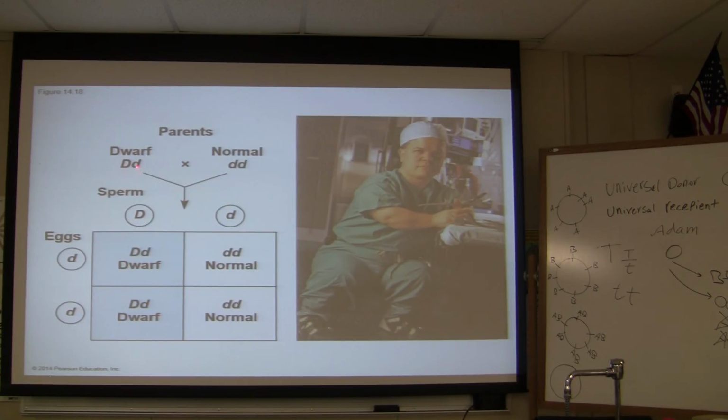Dwarf parent and normal parent got married, possibility of sperm, possibility of the egg. We'll talk about this in the next chapter, chapter 15. Then these are the possibilities, dwarf, normal. Small d is recessive, a normal person, but capital D small d are dwarf.